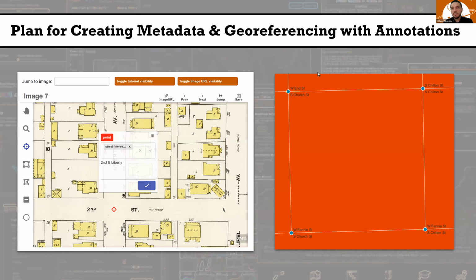The intersection points actually had to be derived from the census TIGER/Line data. The census doesn't have intersection points, so I had to write a script that would create that point shapefile, which was going to be integral for matching the geospatial coordinates depicted on the right with the image coordinates, basically what pixel this intersection is found on here on the left.